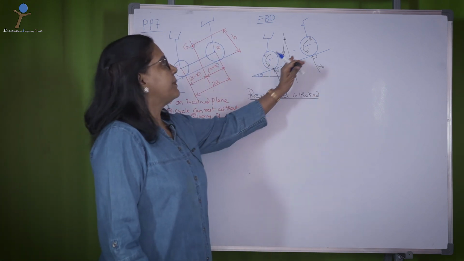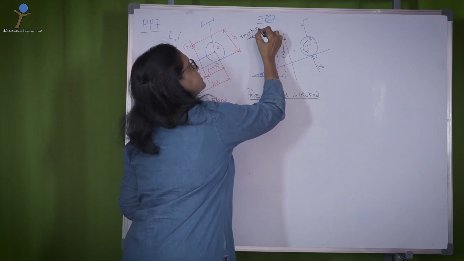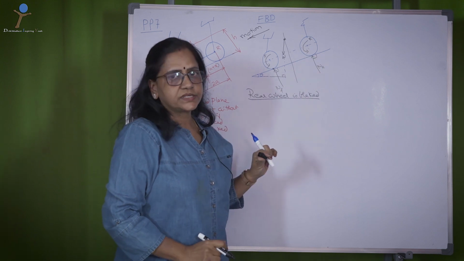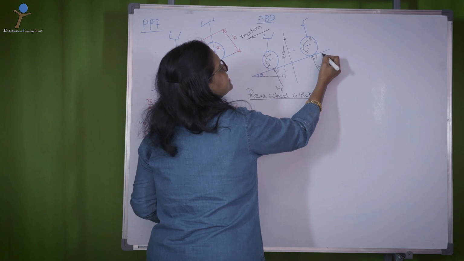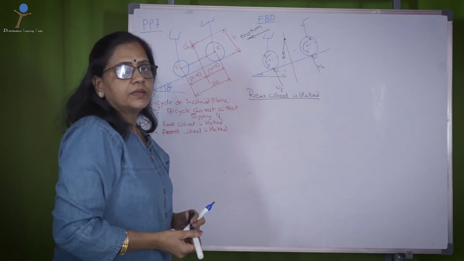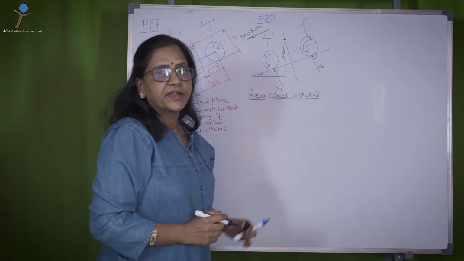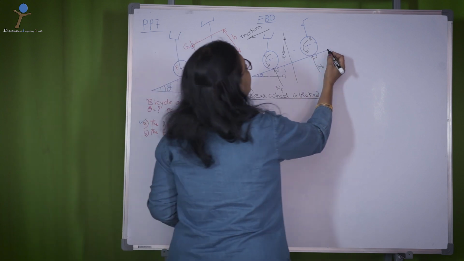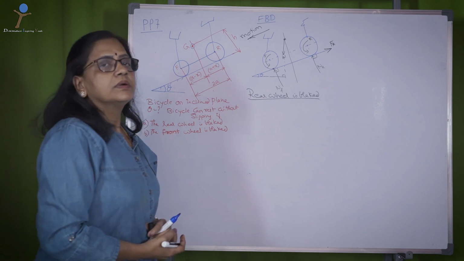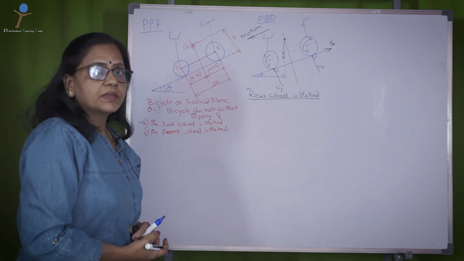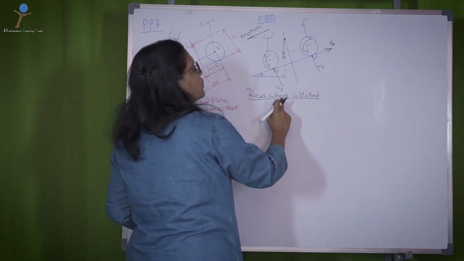When the bicycle is rolling down, the wheels rotate in anti-clockwise direction. Therefore, while rolling, the friction actually lies downwards. But here, the condition is the rear wheel is braked, which means a brake is applied at the rear wheel. Then the friction will act in the opposite direction to the motion. This is the frictional force when the rear wheel is braked.